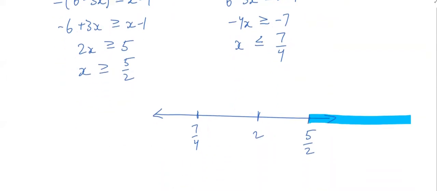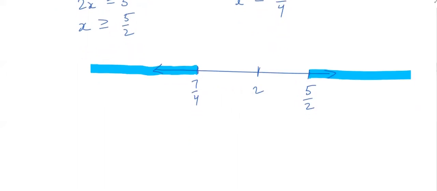Well, when I start there, I start less than 2 and I'm going less than. So all those values. So therefore, x is less than or equal to positive 7 over 4 and x is greater than or equal to 5 over 2.